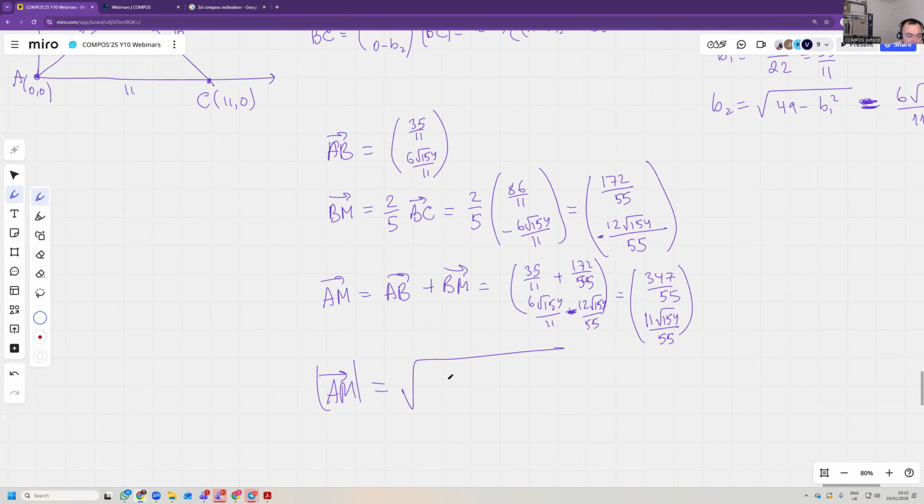So it's the square root of (347 over 55) squared plus (root 154 over 55) squared, so 347 squared plus 11 squared times 154.